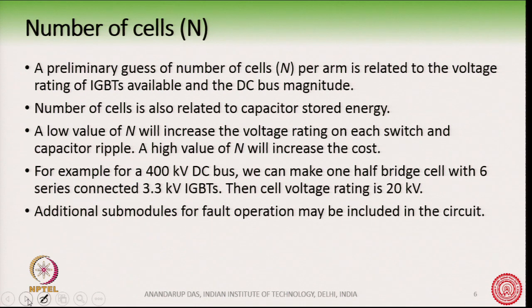Now, how many cells should be used? A preliminary guess of the number of cells per arm is related to the available voltage rating of the switches and the DC bus magnitude. A low value of n will increase the voltage rating of each device, because the voltage rating of each device is E by n.